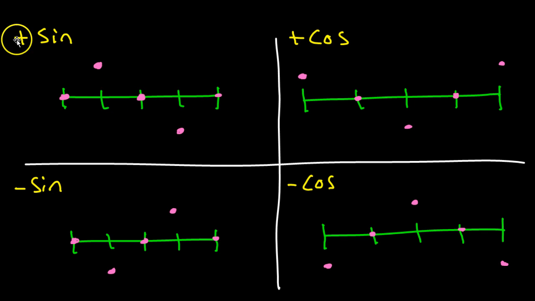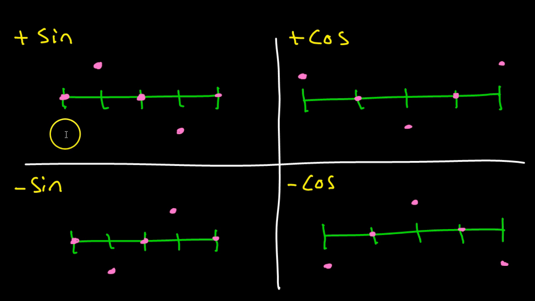Regardless of whether the leading coefficient is positive or negative, the sine function always starts out on the midline. You start on the midline and go up if it's positive, or go down if it's negative. Cosine, on the other hand, starts at the amplitude, not on the midline.